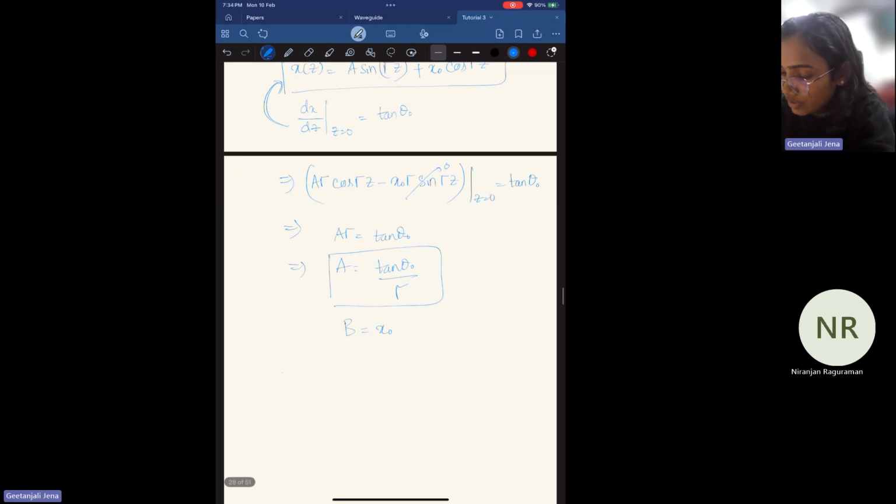Now the ray path equation will be x(z) is tan theta 0 over gamma sin(gamma z) plus x0 cos(gamma z).